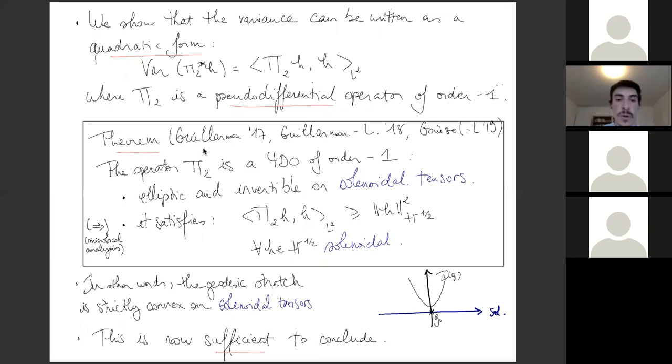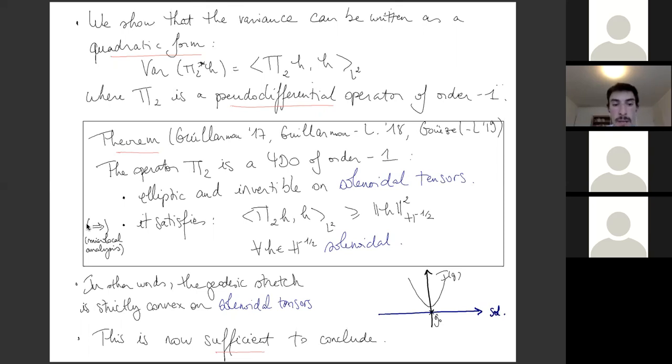So that's a theorem that is basically due to Colin in a paper in 2017, and then we refined the results in other papers. So we show that the operator pi2 is a pseudo-differential operator of order -1, and its fundamental property is that it's elliptic and invertible on solenoidal tensors, which are precisely the tensors that we are interested in.